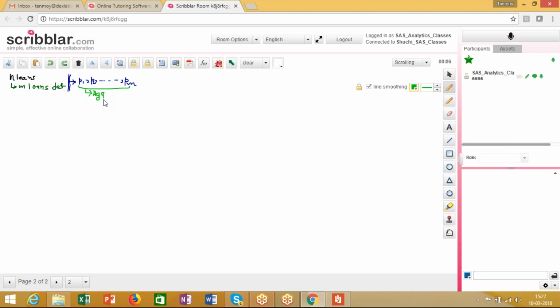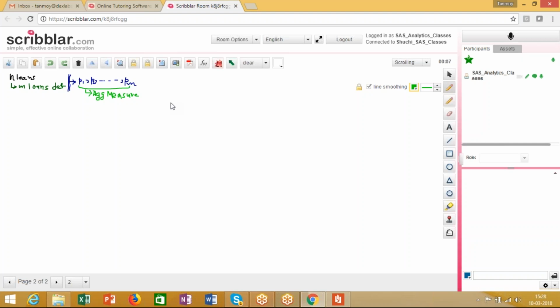One possible way is that I add them all up and divide by the total number of observations, that is, the summation of Pi divided by n.